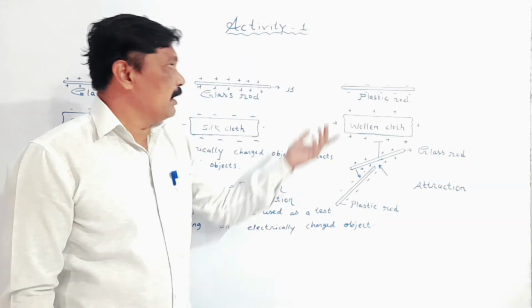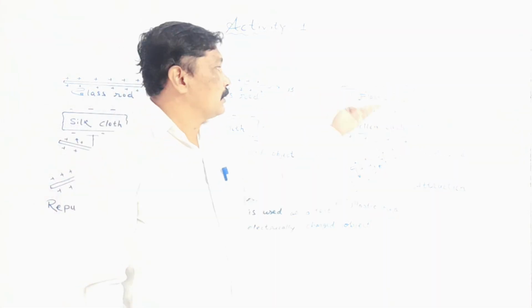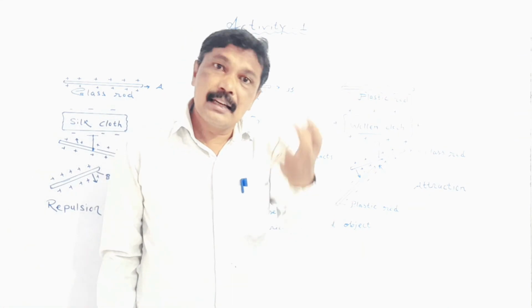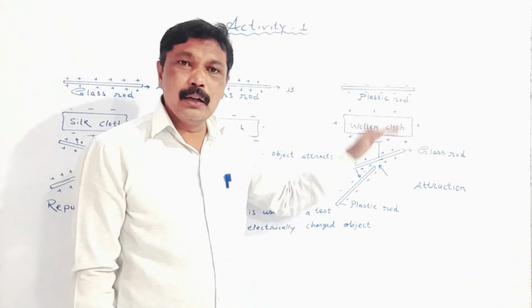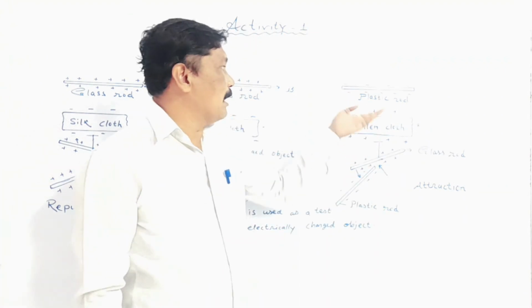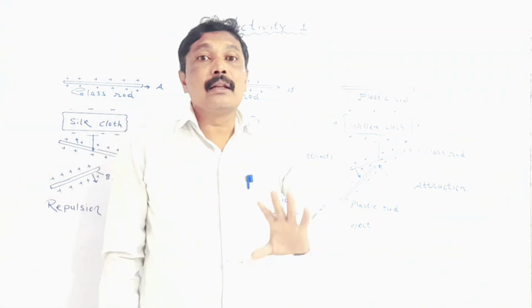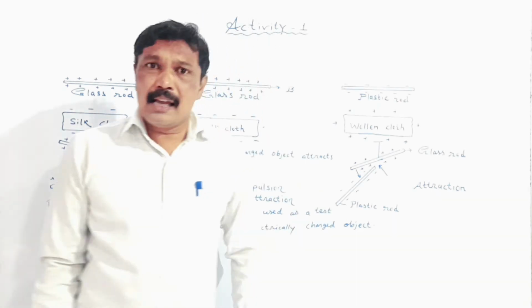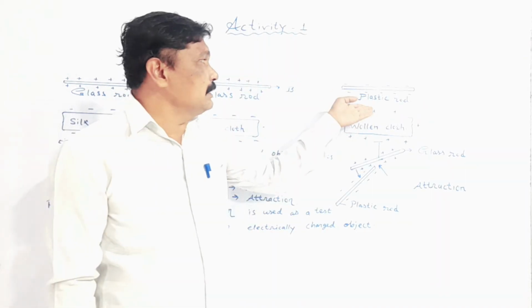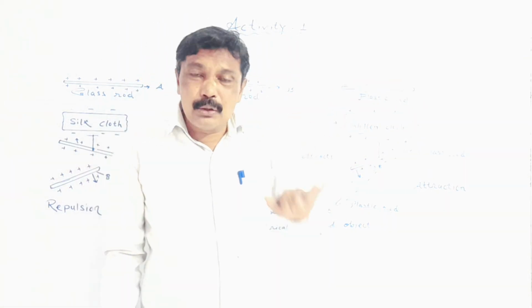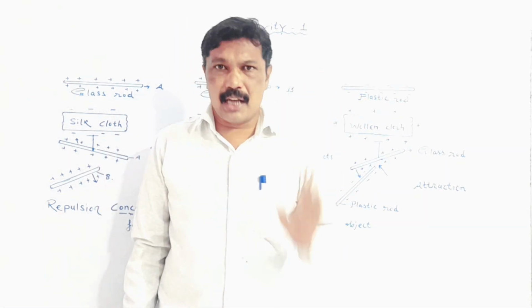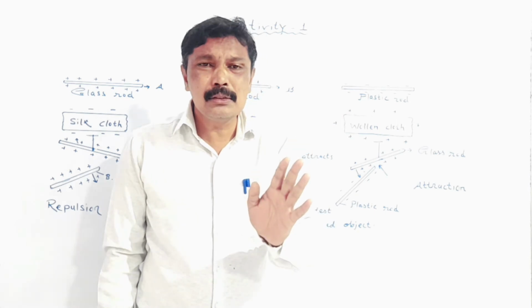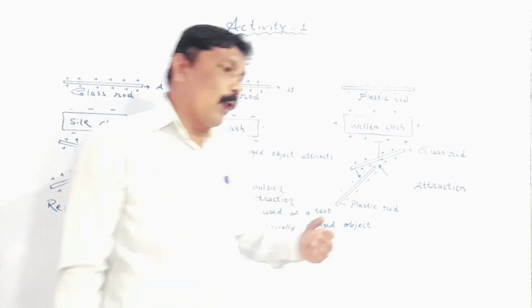In the same way, my dear student, the plastic rod has received the negative charge given by the woolen cloth, and automatically what will happen? In the plastic rod, the negative charge will increase. As the negative charge increases in the plastic rod, it is said that the plastic rod is negatively charged.